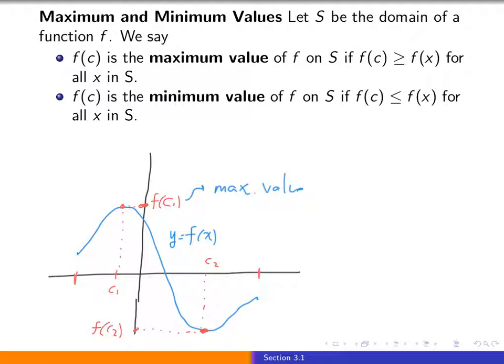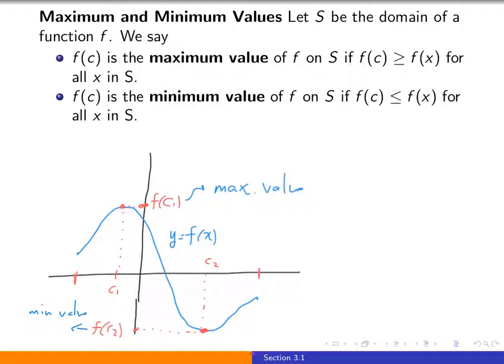Of all possible inputs that we can plug in, this graphically we see is the absolute smallest output. So this would correspond to f of c2 being the minimum value of our function.